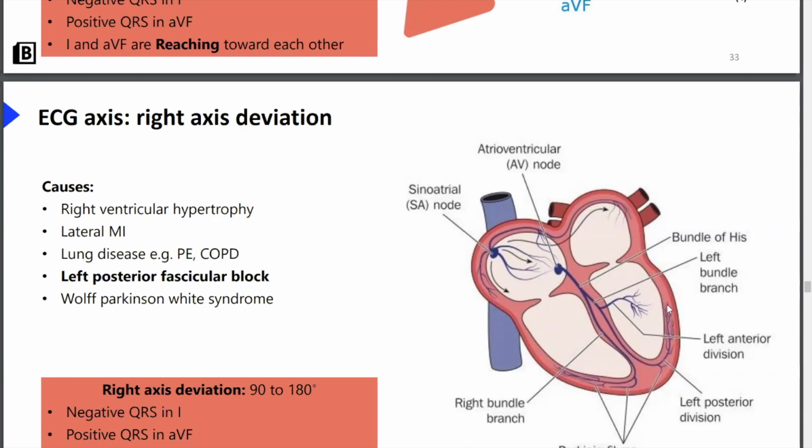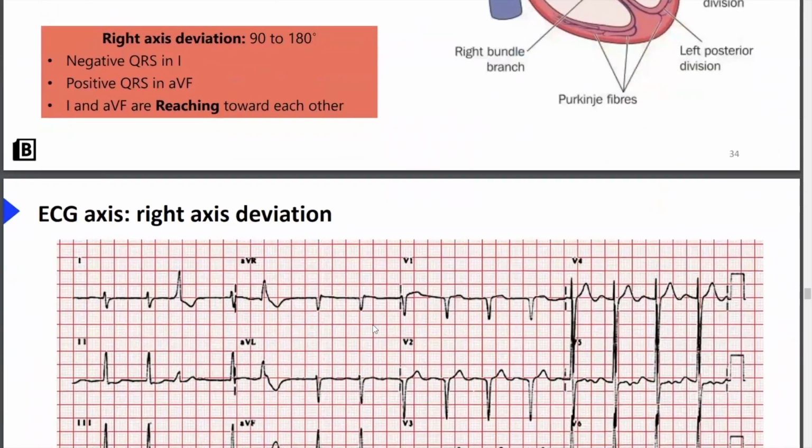So can you see this direction of current flow? That's a rightward flow of current, isn't it? Whereas normally the current would come over here and flow upwards and leftwards. But because this branch here is blocked, it's going to go along the left anterior branch and flow downwards and rightwards. So that shifts the cardiac axis towards the right.